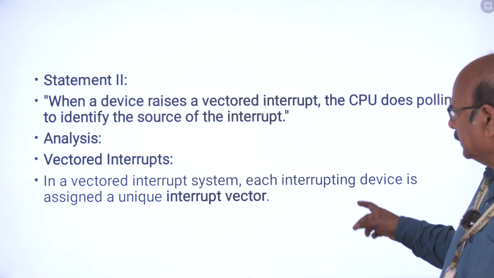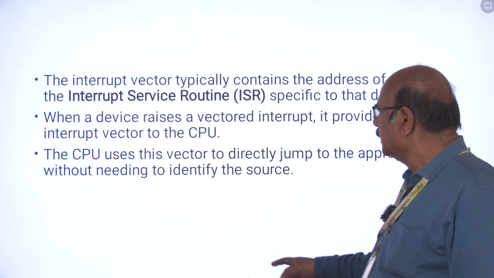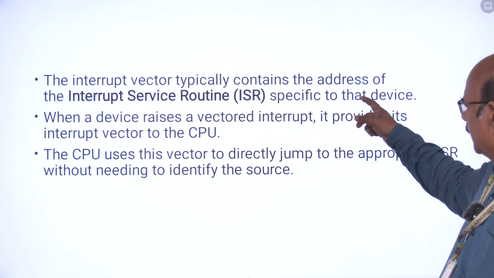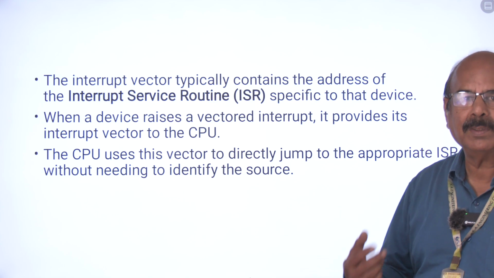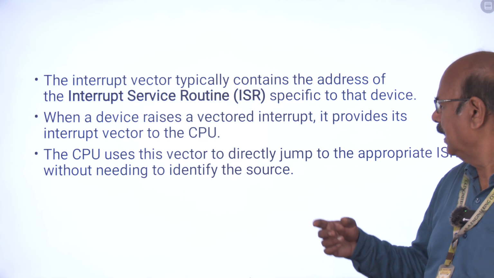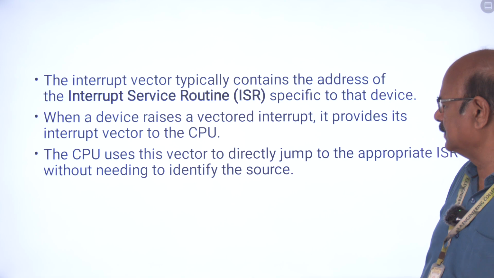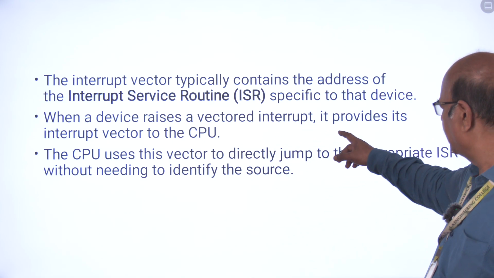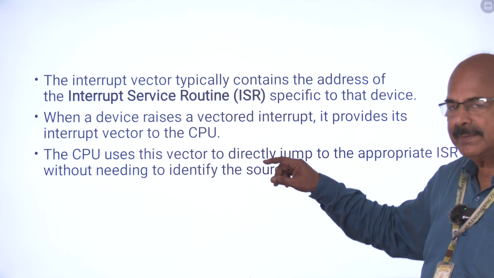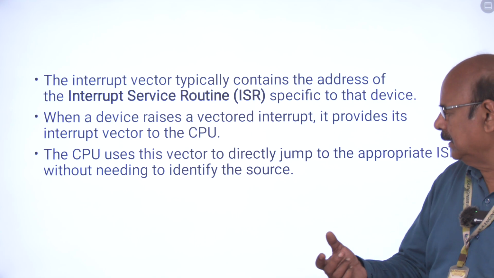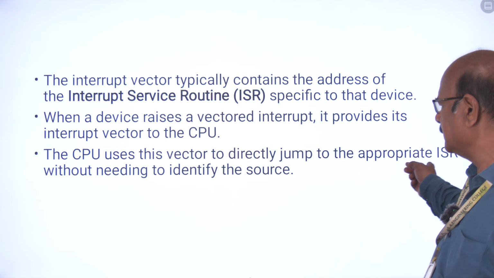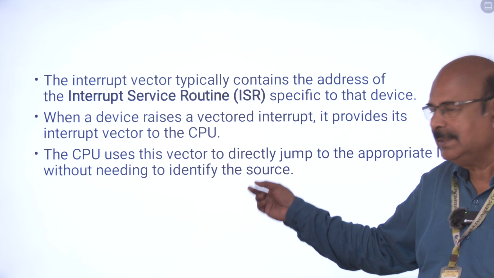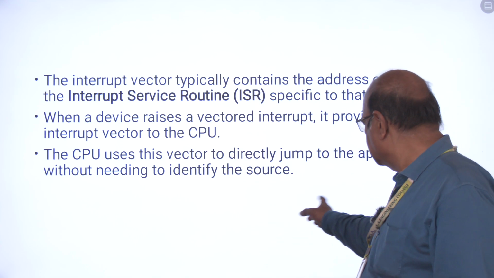The interrupt vector typically contains the address of the interrupt service routine, which is specific to the device. When a device raises a vectored interrupt, it provides its interrupt vector to the CPU automatically. The CPU uses this vector to jump directly to the appropriate ISR without needing to identify the source.